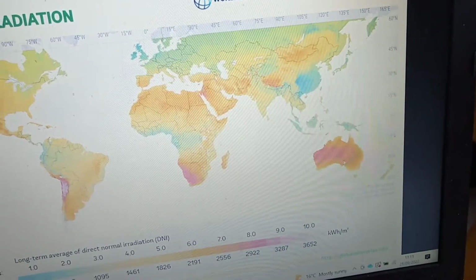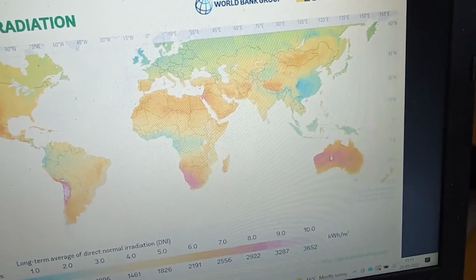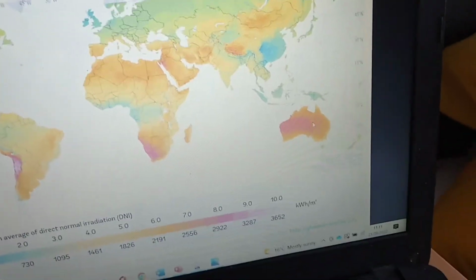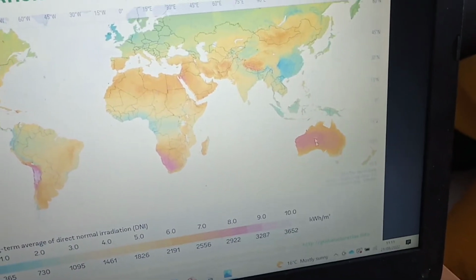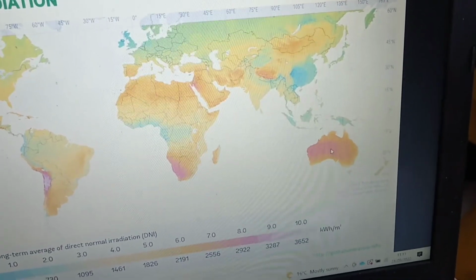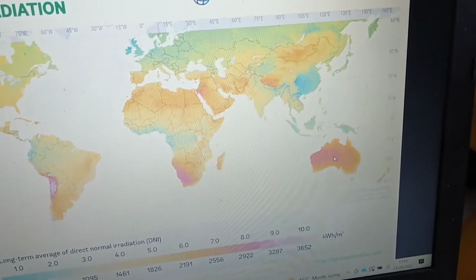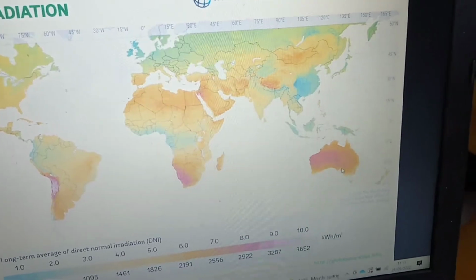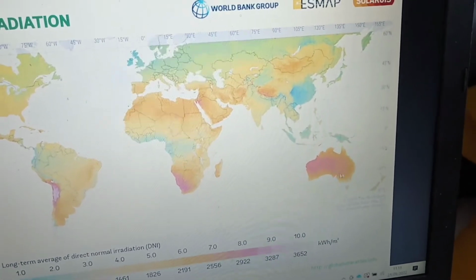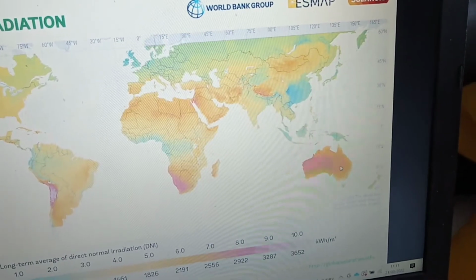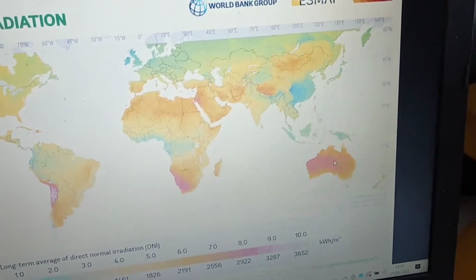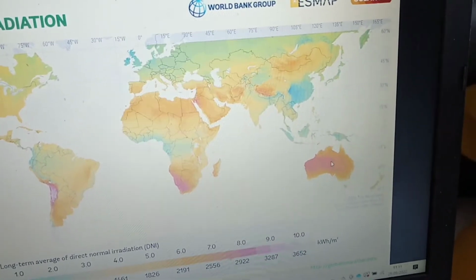Bearded dragons live in Australia in the wild, and the stronger irradiance of sunlight basically explains why bearded dragons need stronger UVB provision and stronger heat generally, because they live in arid terrain in Australia.